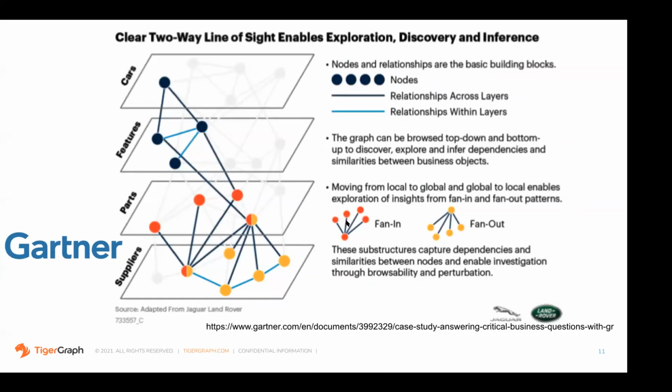And this ability to investigate either down the chain towards the car or back up the chain towards the supplier, to look over time, to look over different geographic distribution, to add in contractual constraints and purchase agreements, not only what is available, but how much will it cost, how long will it take.